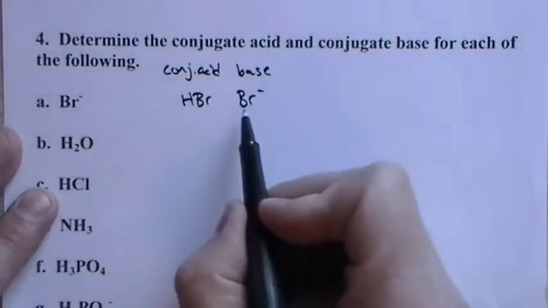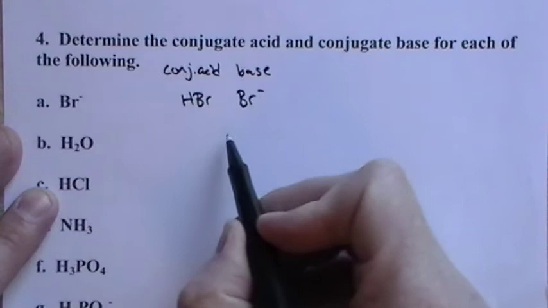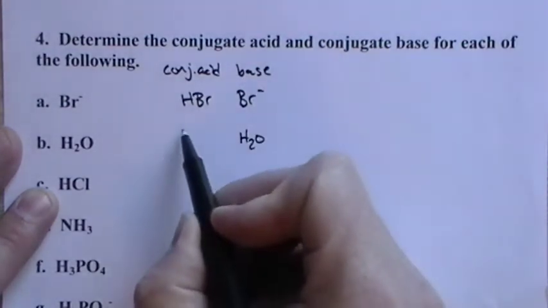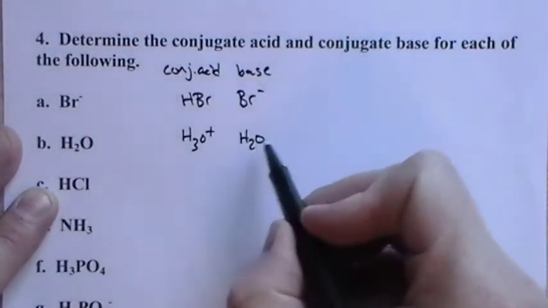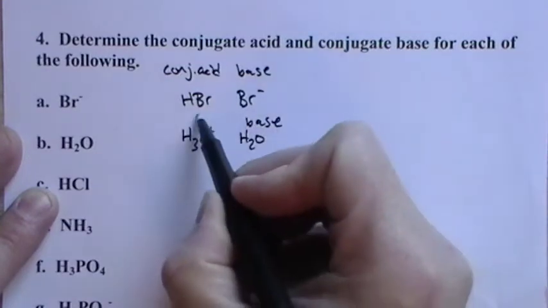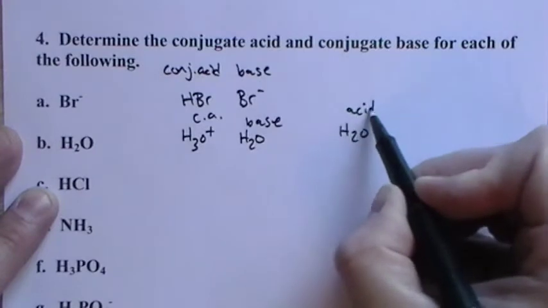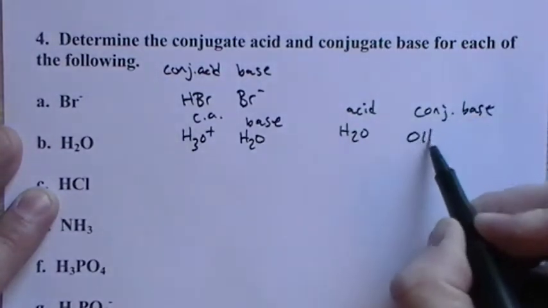So we have the base and the conjugate acid. For water, if we consider water to be the base, then its conjugate acid is H3O plus. But if we consider water to be an acid, then its conjugate base is OH minus.